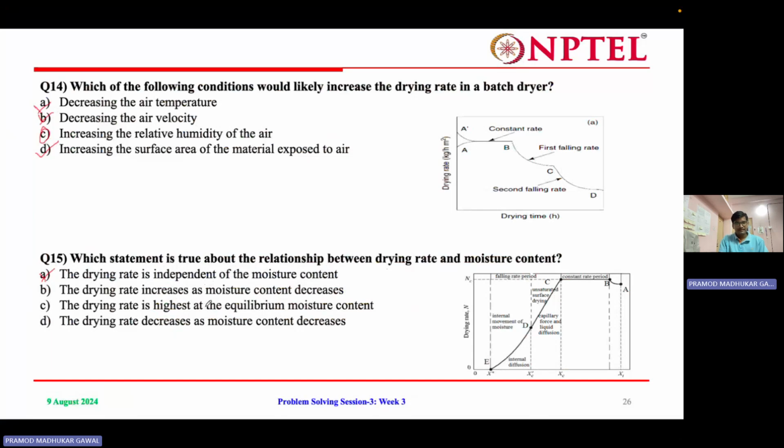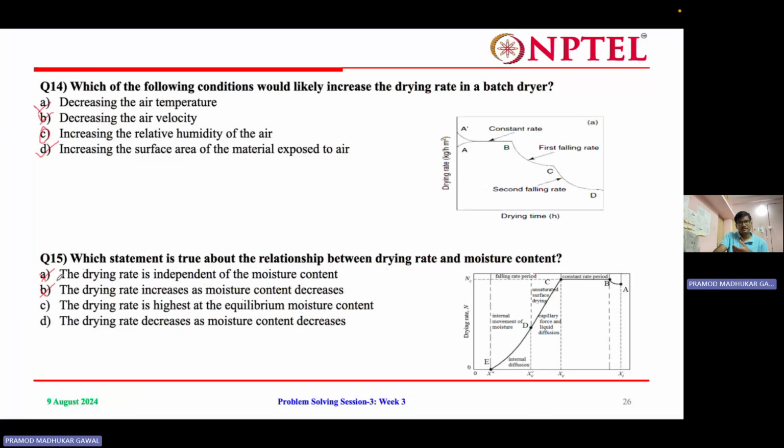The drying rate increases as the moisture content decreases, this is also not possible, because initially the drying rate is high.